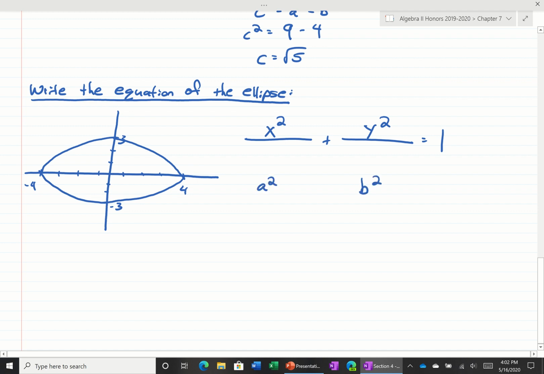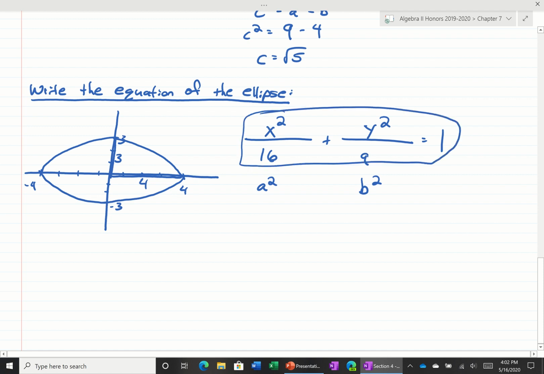Our b squared is going to be under the y. It looks like the larger number, we're going 4 units this way, we're going up 3, so the larger number is 4. That's what a would be. 4 squared is 16. 3 squared is 9. So that's how you would do something like that.